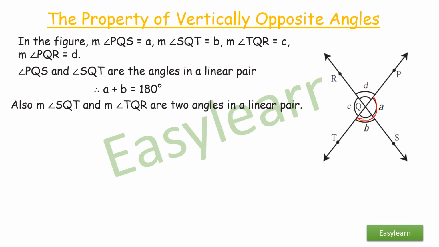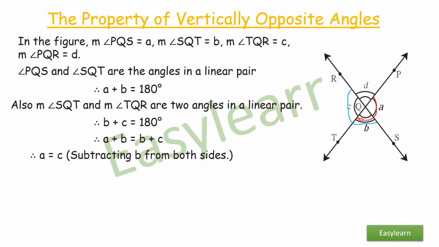Also, measure angle SQT and measure angle TQR, again these two angles are a linear pair. So we have B plus C is equal to 180 degrees. Therefore, we have A plus B is equal to B plus C, which means that B gets cancelled from both sides.